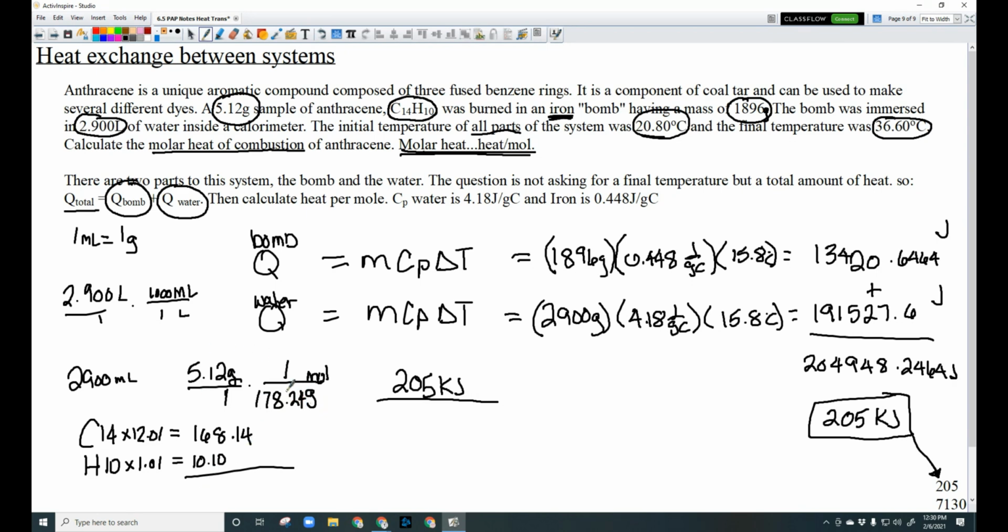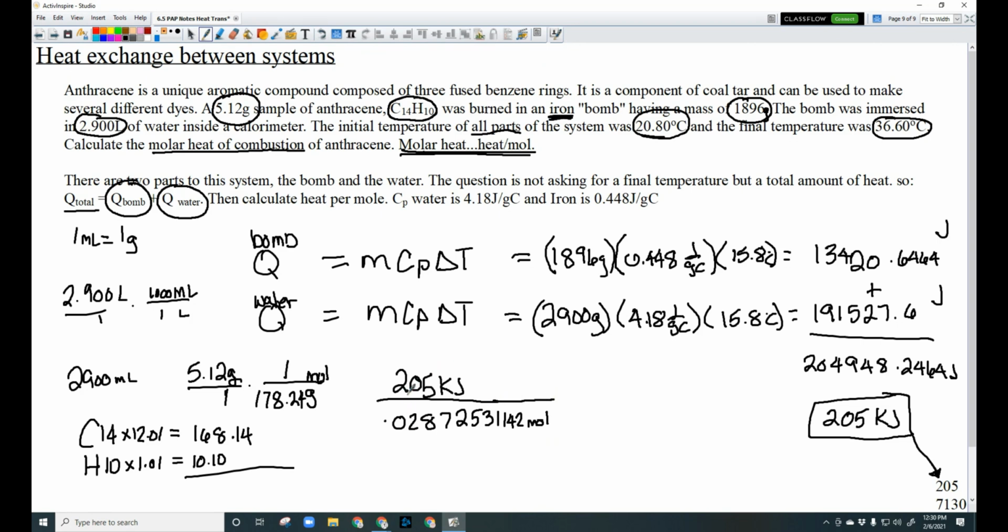So that's 5.12 divided by 178.24. That's going to give me 0.028725342 moles. Okay, so it's kilojoules per mole.